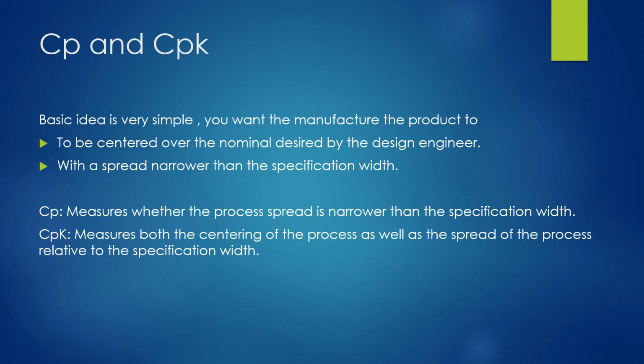Centering is the main concept of Cpk and process capability. So centering of the process, as well as how much it has spread towards the lower and higher specification within the specification width designed by the design engineer. This is how we know what Cp and Cpk do and how they help us identify the quality of the product.